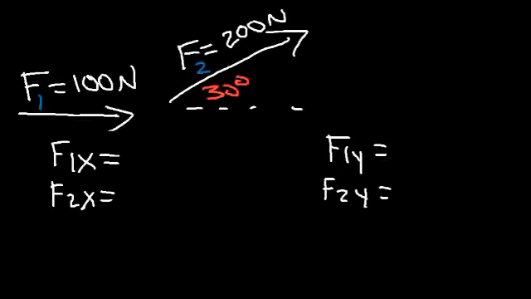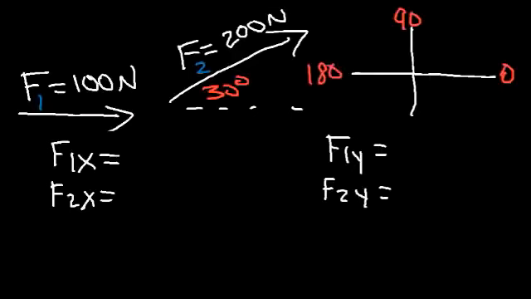So F1x is 100 cosine 0. The reason why it's 0 is because the angle is 0 degrees along the x-axis. It's 90 along the y-axis. This is 180 and this is 270. So cosine 0 is 1. 100 cosine 0 is going to be 100.